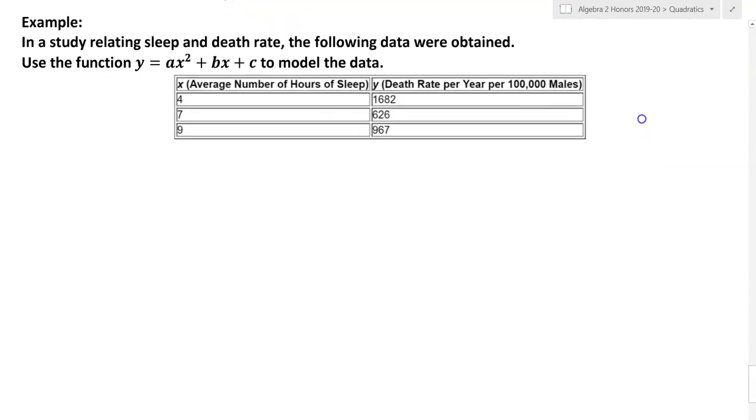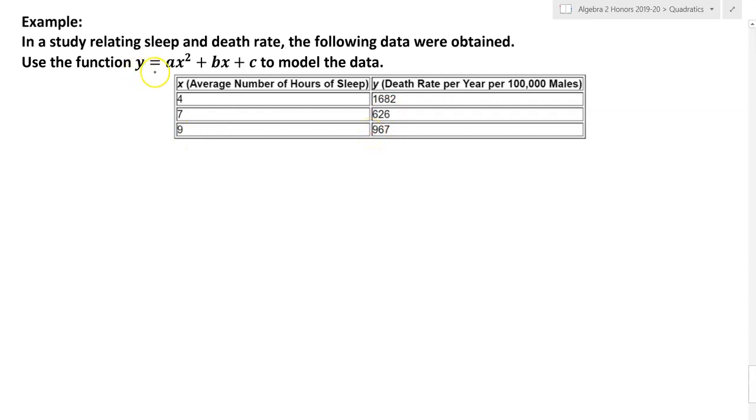Okay, so let's look at this second type of application. It says in a study relating sleep and death rate, the following data were obtained. Use the function given there, just the standard quadratic, to model the data. Okay, so what we're given here is 3 ordered pairs.